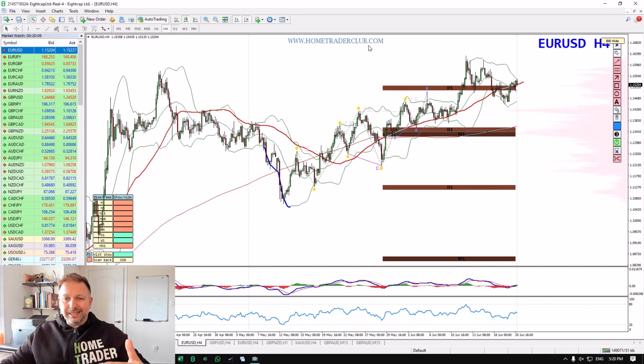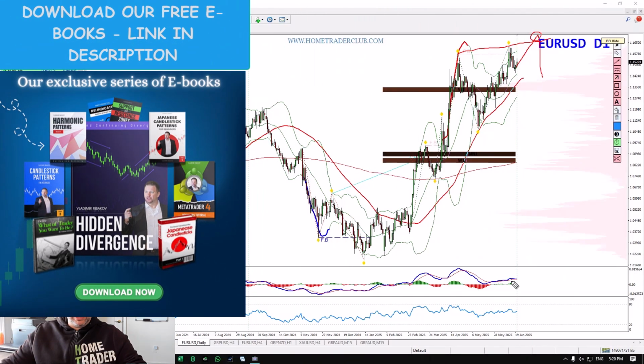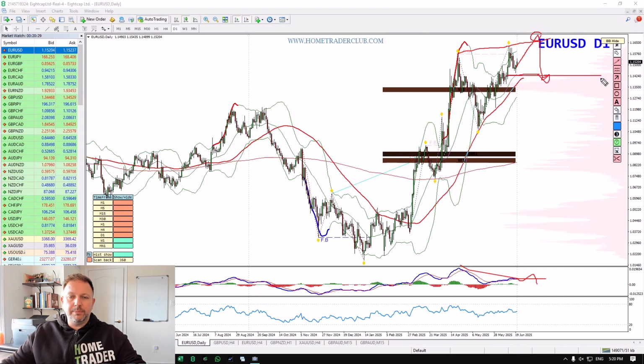So with all that in mind, the way I'm looking to sell the euro dollar at the end of the rally, I want to see this final peak, to clean this trend line and highs. I want to see, ideally, another high for the divergence, and then most likely we should see the euro dollar going back to 114, maybe even 113, maybe even below that, but that would be the initial place.